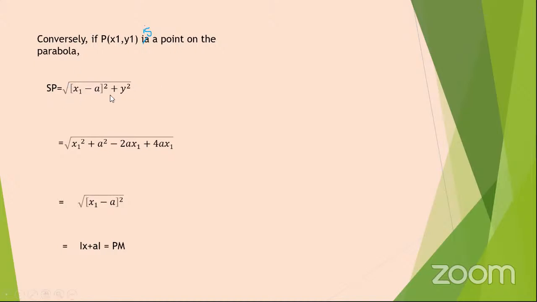So SP is under root of (x1 minus a) whole square plus y1 square. On expanding (x1 minus a) whole square, we shall get x1 square plus a square minus 2ax1. Then what is y1 square, children? Because P is a point on the parabola whose equation is y square equal to 4ax, just now we have seen.